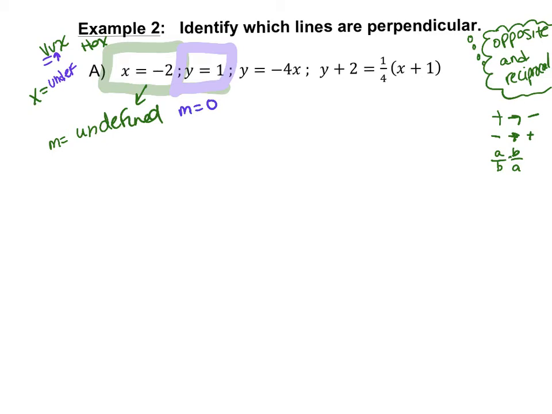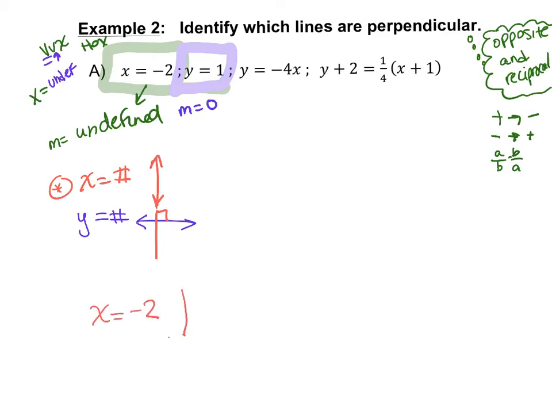So right now I can see that those two lines are perpendicular. An x equals equation is vertical. That's why it's undefined. A y equals equation is horizontal. That's why the slope is 0. Those two are perpendicular. So x equals -2 is perpendicular to y equals 1. That's the first one.